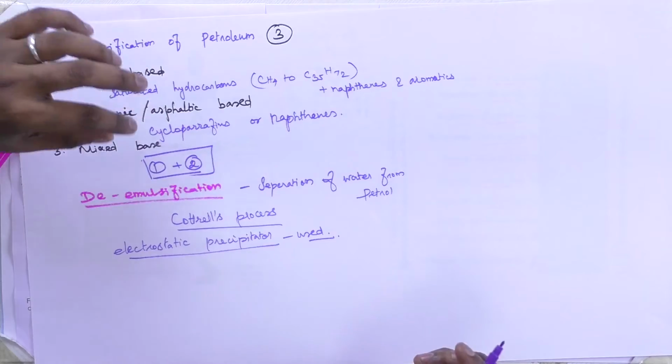This is the simple process of electrostatic precipitation. By using this method, we can remove the bulk water from the system.